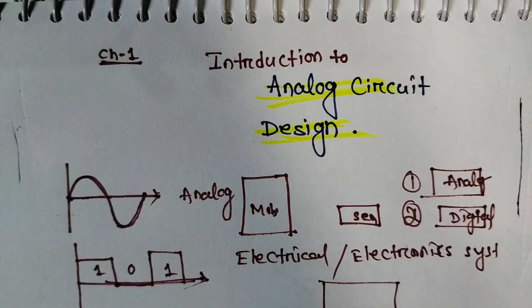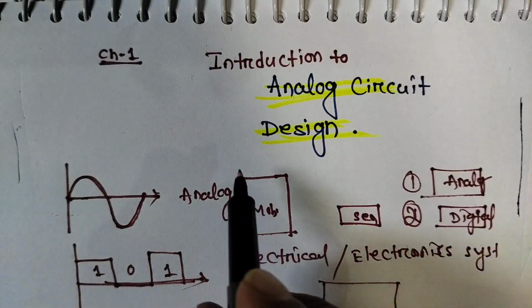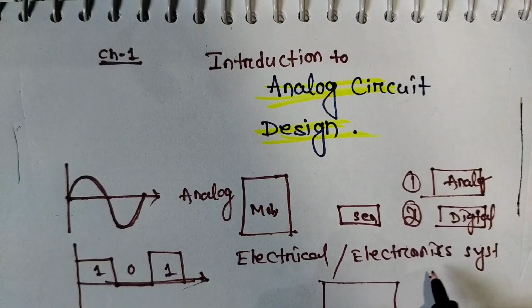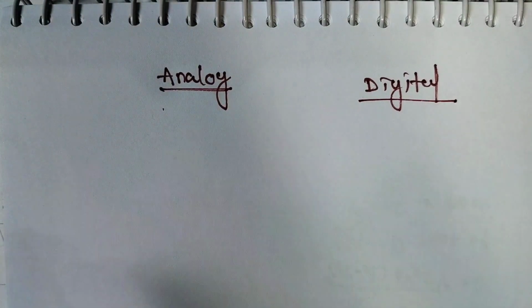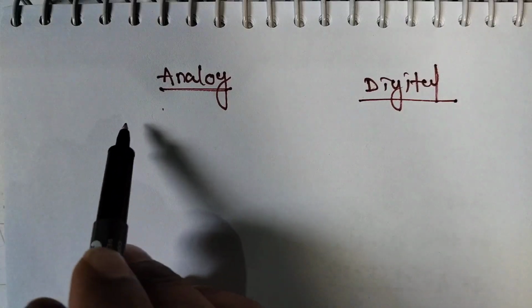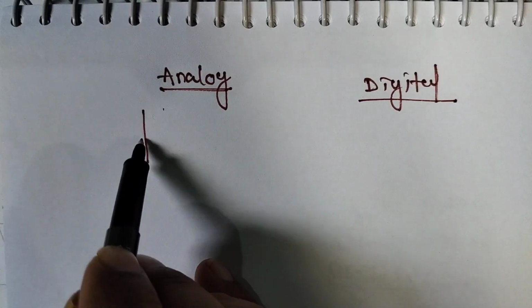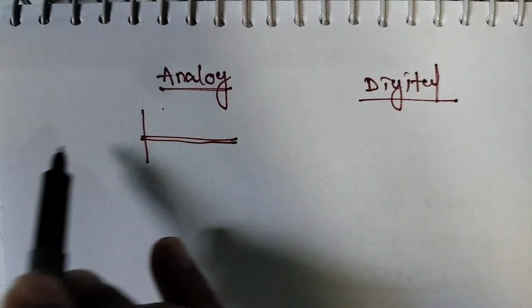If you go for the analog case, an analog circuit is very precise as compared to digital. But in the analog case, suppose this is the noise, and this is your voice.